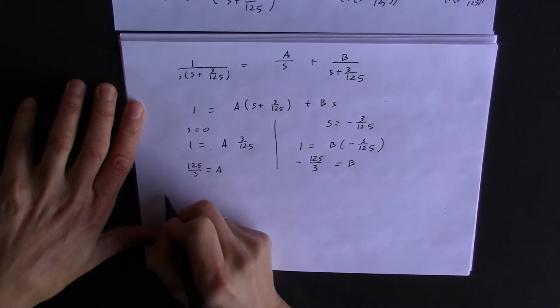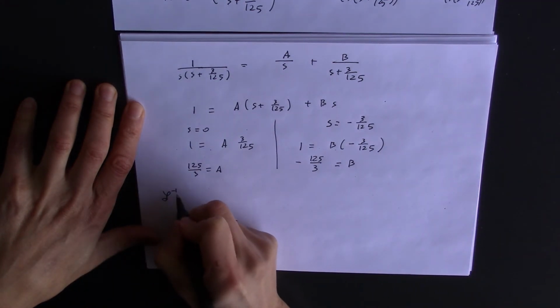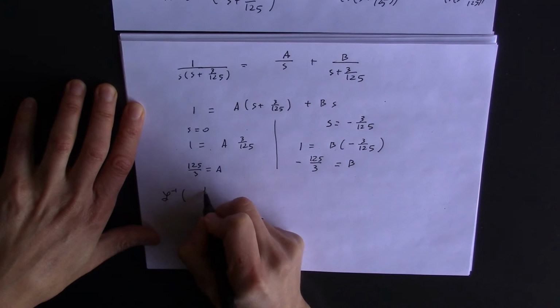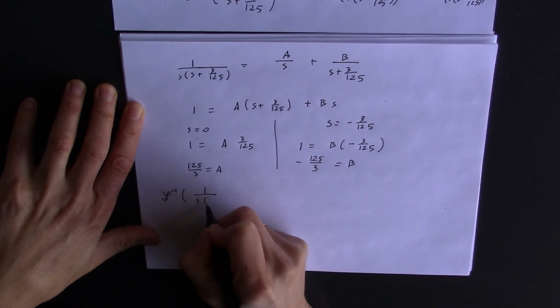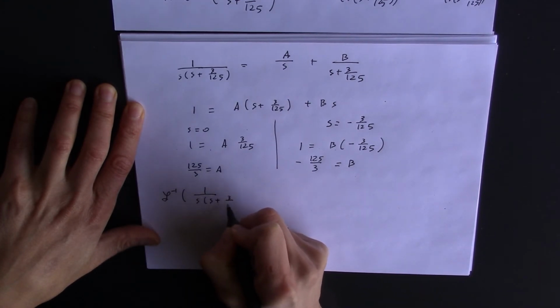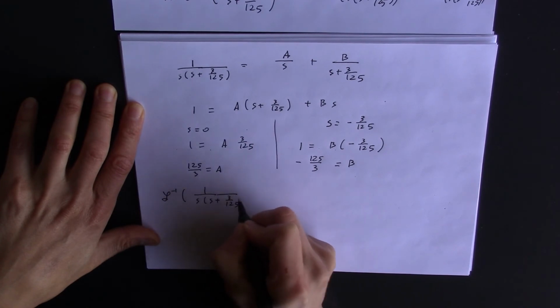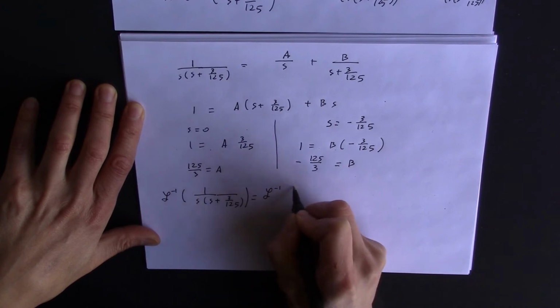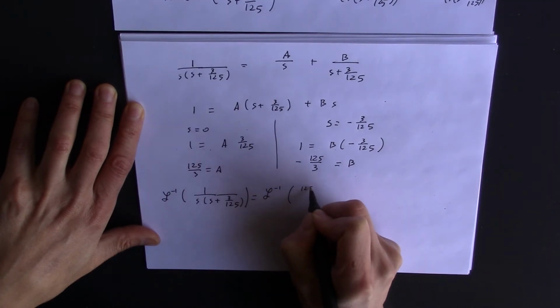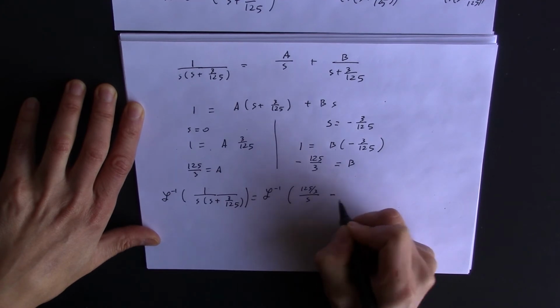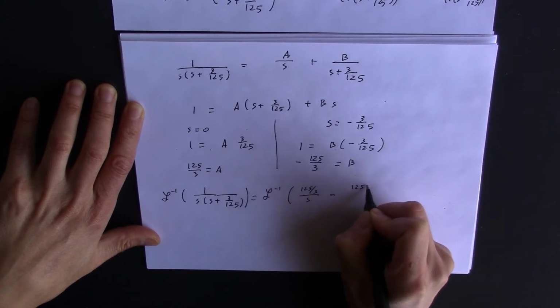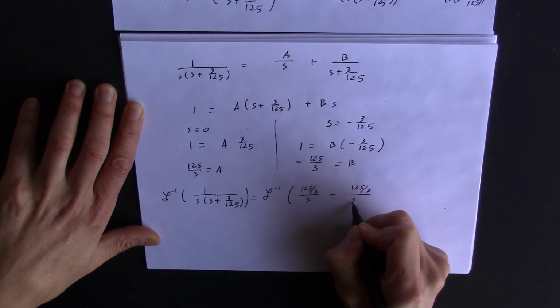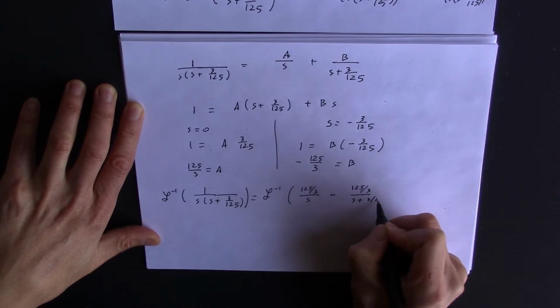And now if I want to take Laplace inverse of 1 over s times (s + 3/125), that is Laplace inverse of (125 over 3) divided by s, minus (125 over 3) divided by (s + 3/125).